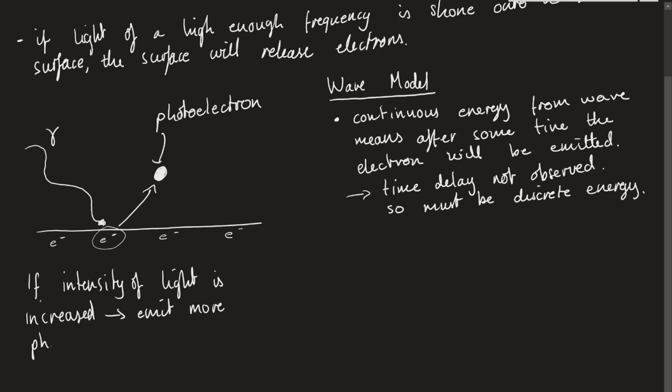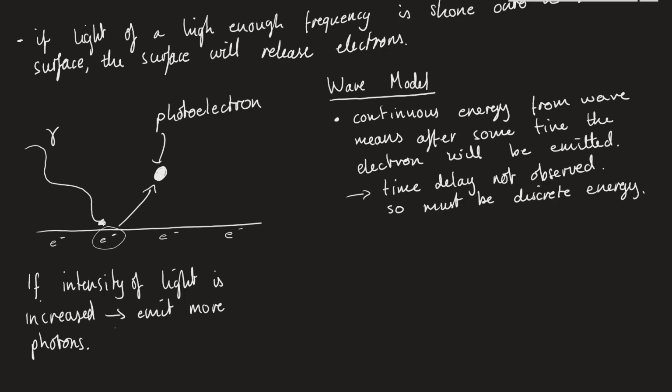Okay, so we're not actually increasing the energy of each photon, but we've got more photons, each with the same energy. So we have more packets of energy that are being transferred. And so if we're emitting more photons, that should have the effect that more electrons could be emitted.